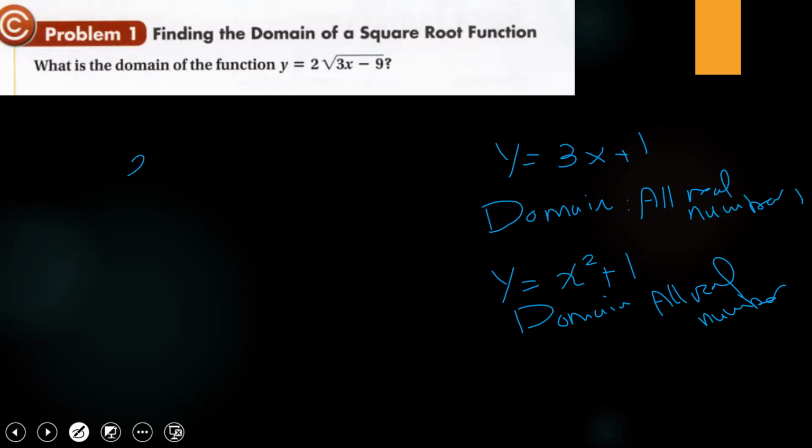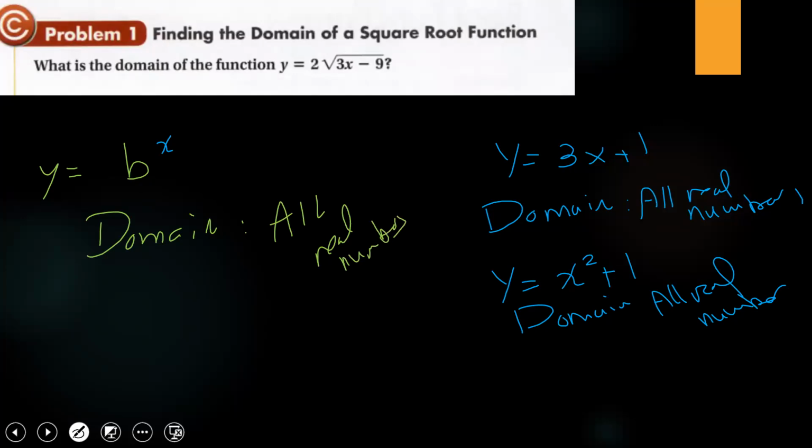If I'm talking about b to the power x, the exponential function, how will the domain be? All real numbers. If I try 0.1 or -1, there is no problem. So all real numbers.